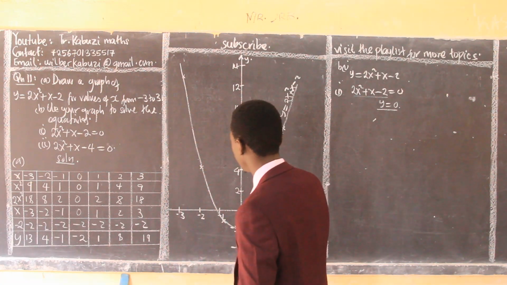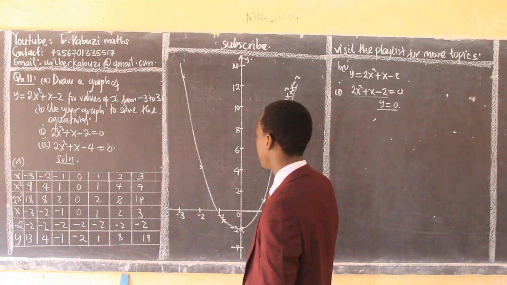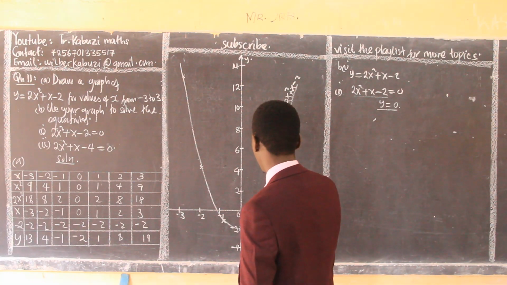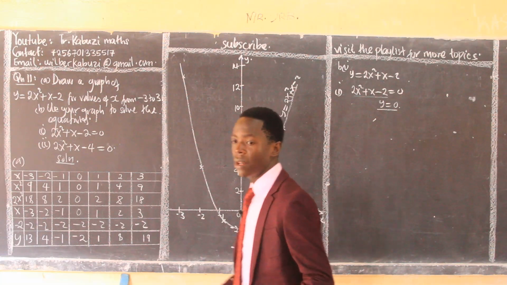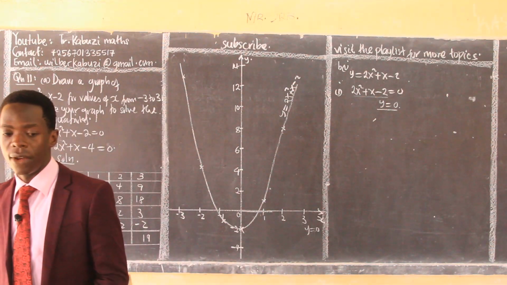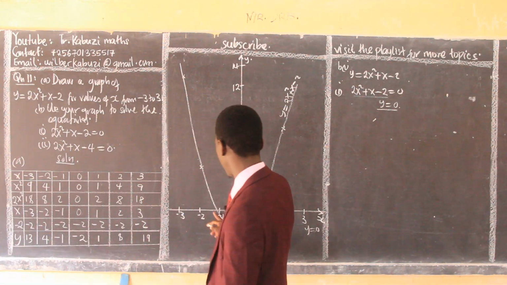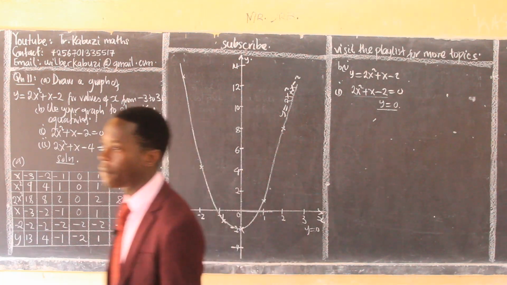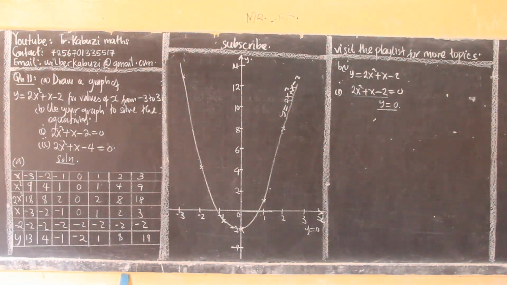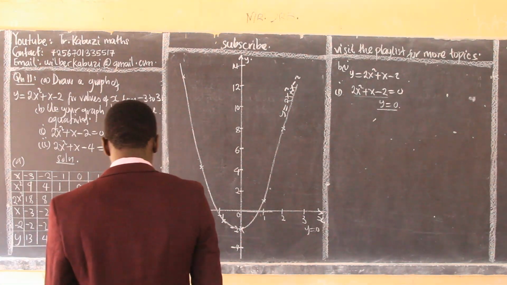Where is it touching? It's touching our curve there and also there. So you read off the values from here and also from there. I'm going to read mine there.